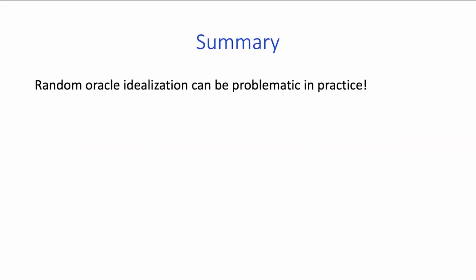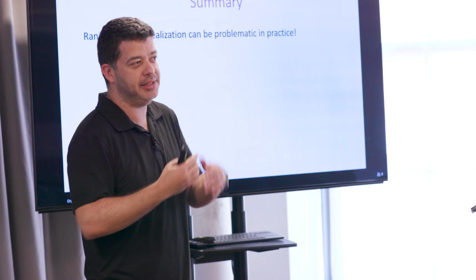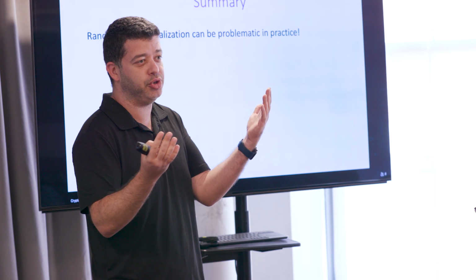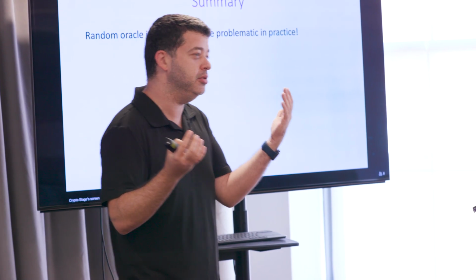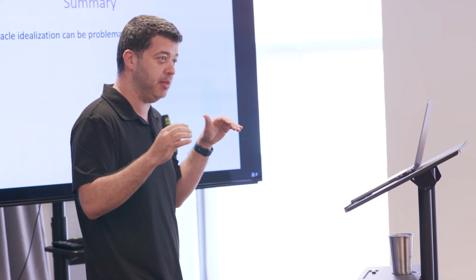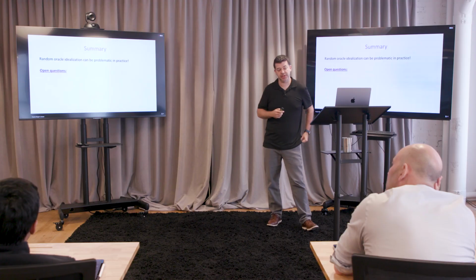So just to summarize, what we show in this work is about this random oracle model idealization. It was known for a long time that it's an idealization and it doesn't capture all attacks that you could in principle do. Here we show that it can actually be problematic in practice for a deployed protocol, which I think is concerning.